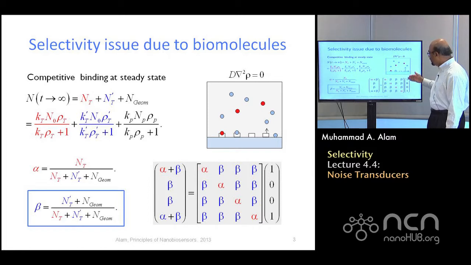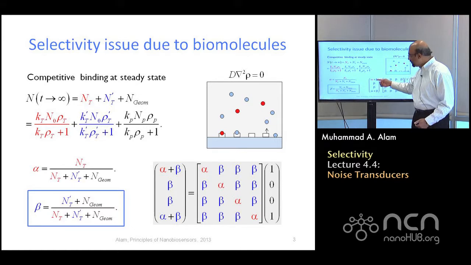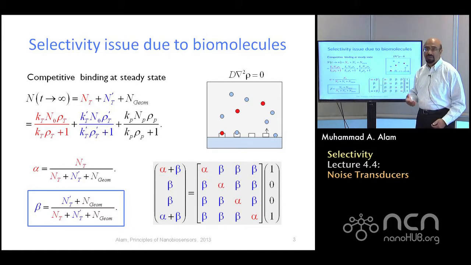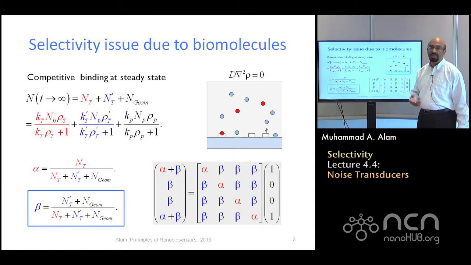And so if you come with, let's say, two proteins present and two being absent, it turns out sometimes you will say that the protein is present while it is actually not. And sometimes you will miss the presence of protein because alpha plus beta is not equal to 1. So in that case, you sometimes may actually miss it, whereas in reality, the protein is actually there. So this is the issue about false positive and false negative that we have already discussed.